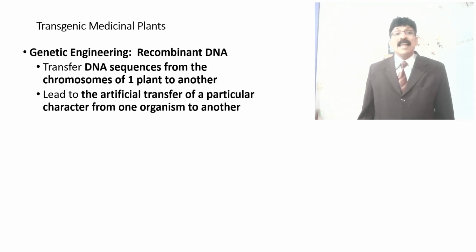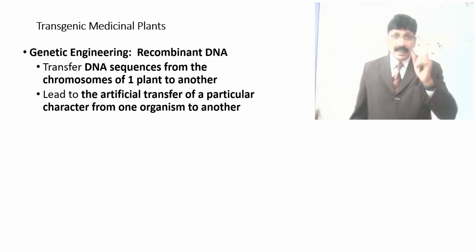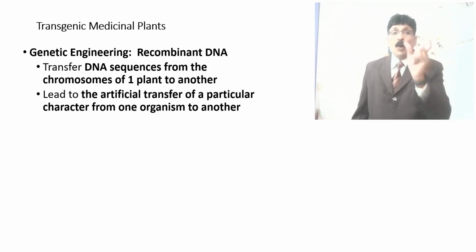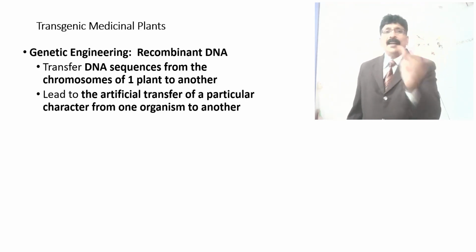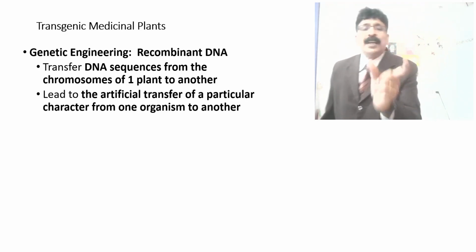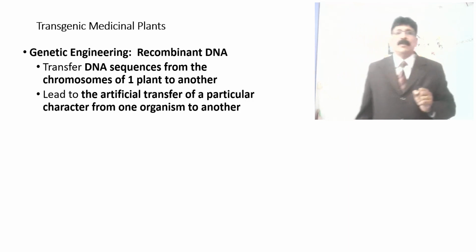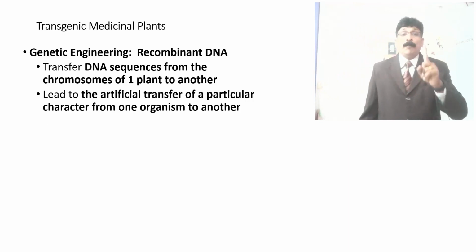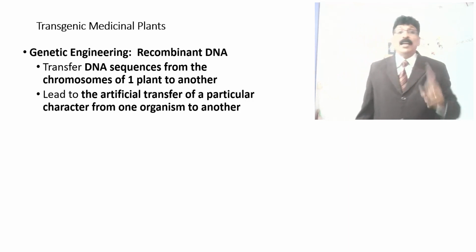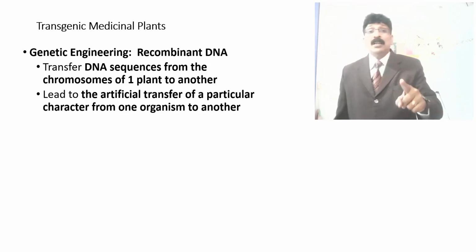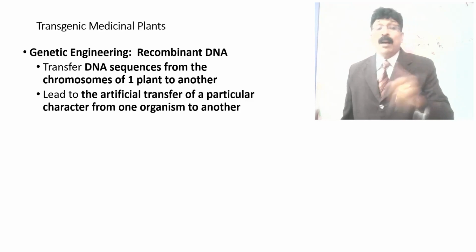Transgenic medicinal plants. What are transgenic medicinal plants? Genetic engineering, coding, recombinant DNA: transfer of a DNA sequence from the chromosome of one plant to another, leading to an artificial transfer of a particular character of one organism to another.